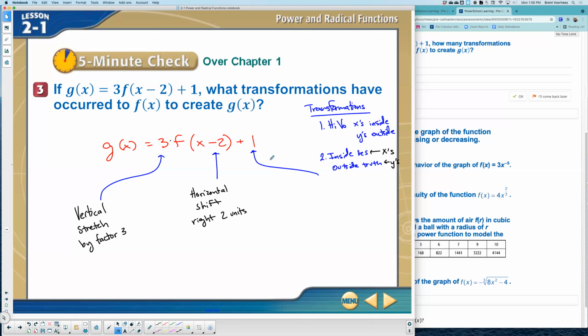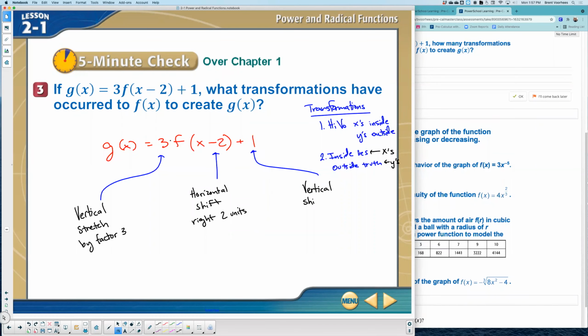And finally, the last one, the +1. Inside or outside? Outside. So if it's outside, the V stands for vertical. If it's outside, it tells truth. And by the way, plus or minus, what does it always do? If you add or subtract, what does it do to the graph?